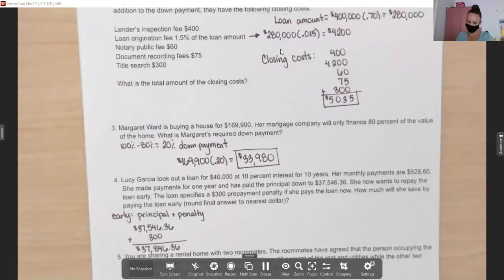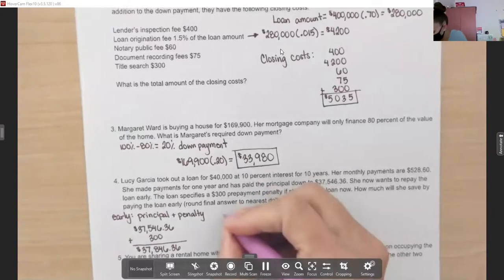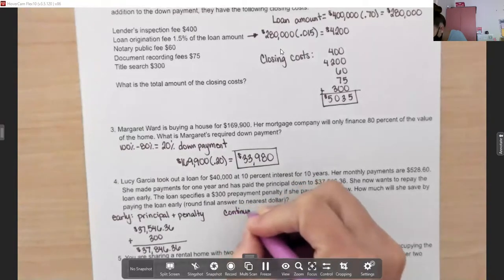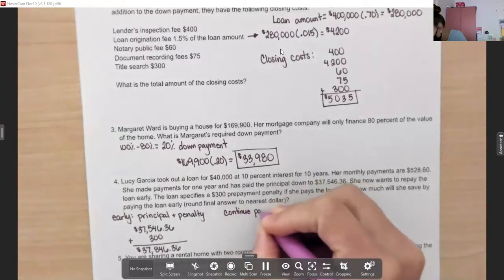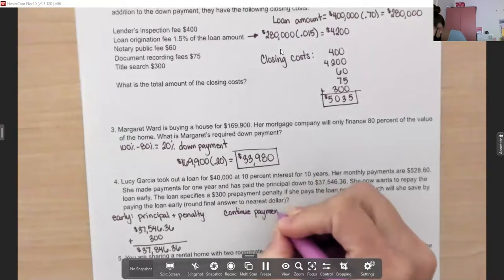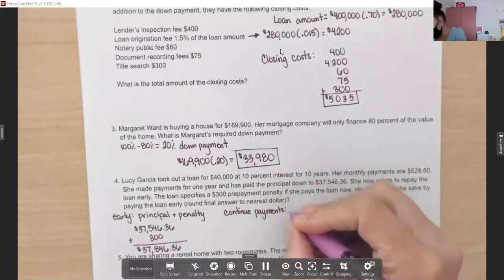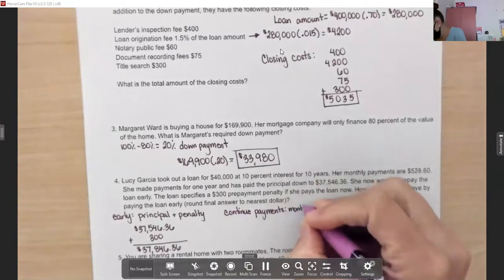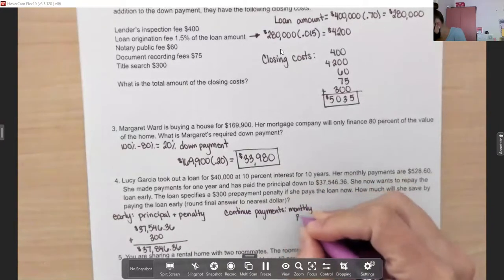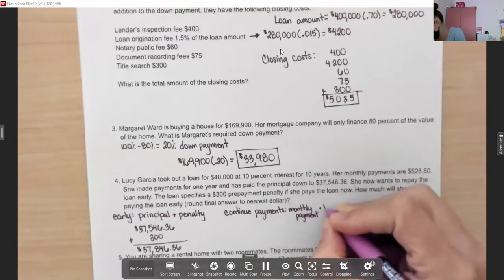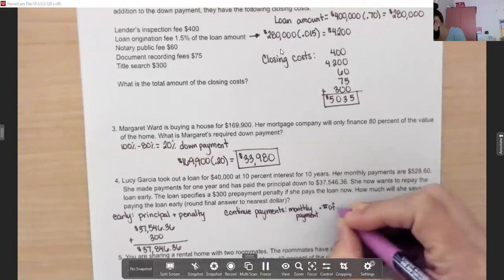Okay, so then option number 2 is to continue payments. So to continue payments, it's the monthly payment times the number of months you have left to pay.